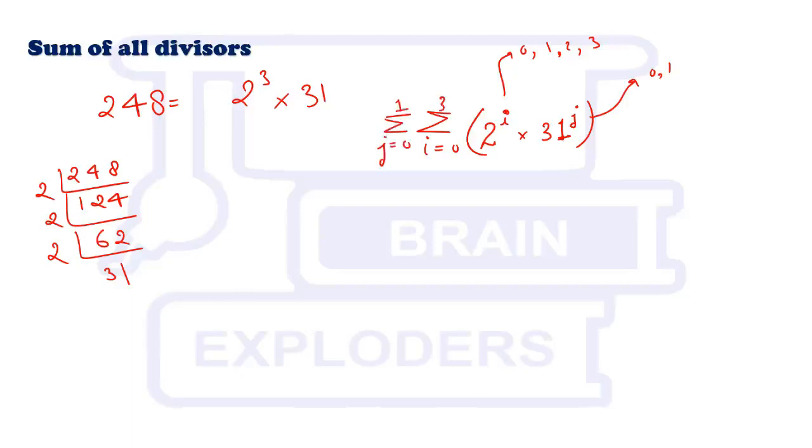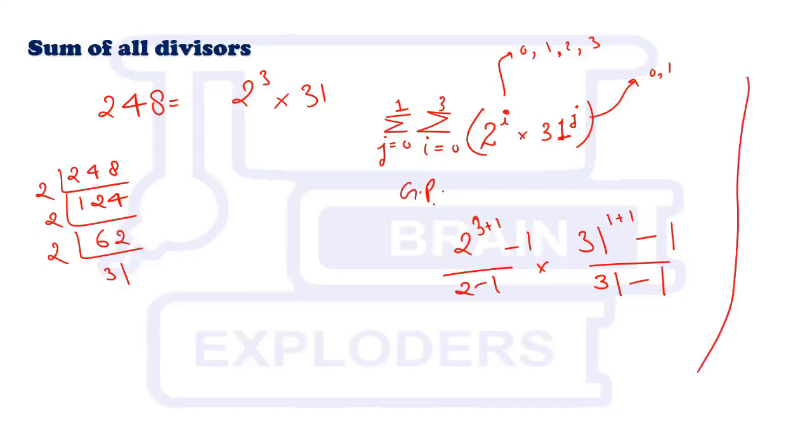It can be done like this. After applying the concepts of geometric progression, we will get (2 to the power 3 plus 1 minus 1) over (2 minus 1) multiplied by (31 to the power 1 plus 1 minus 1) over (31 minus 1).